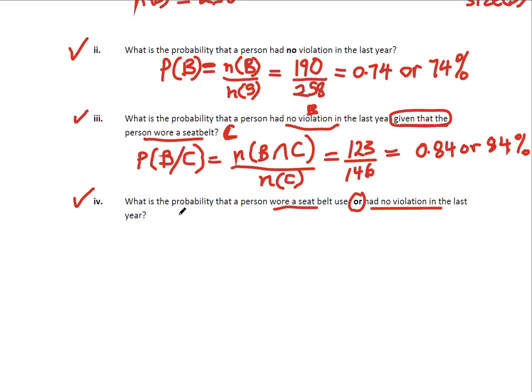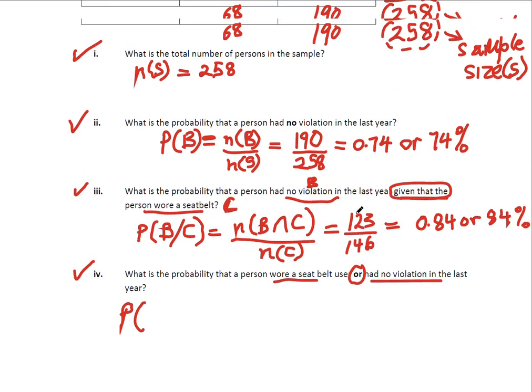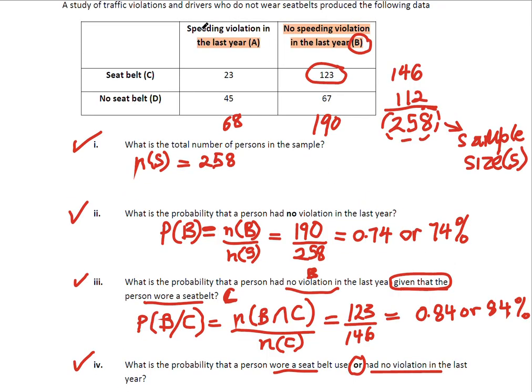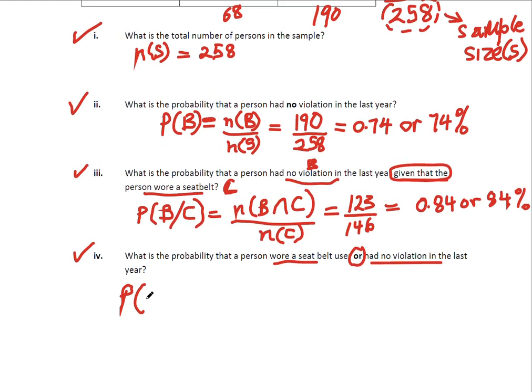When you hear this term or either in a probability problem of this nature, what you're asked to find is the union. What is the probability that a person wore a seatbelt, which is represented using the symbol C? So that's the probability of C union, because of this word or. If we had either, it would still be a union.